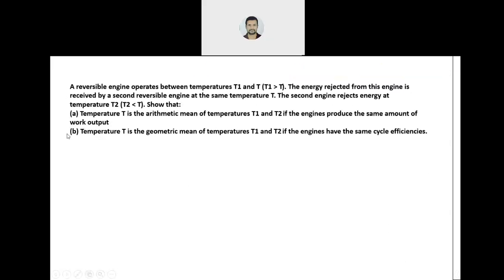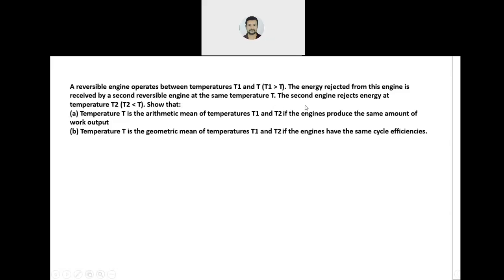Now based on this, there is one problem. Numbers are not there. This is a derivation type. See the problem carefully. A reversible engine operates between temperatures T1 and T, where T1 is greater than T. The energy rejected from this engine is received by a second reversible engine at the same temperature.